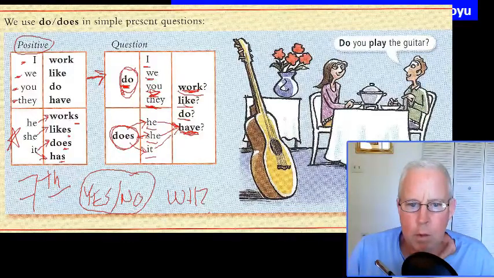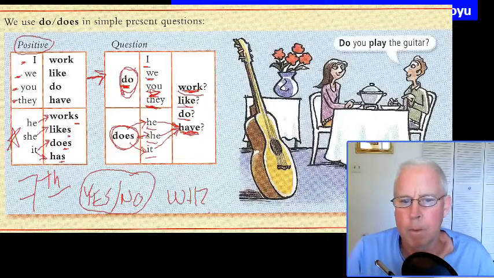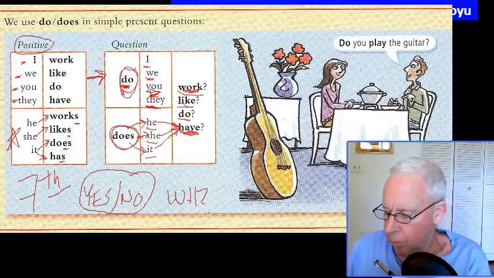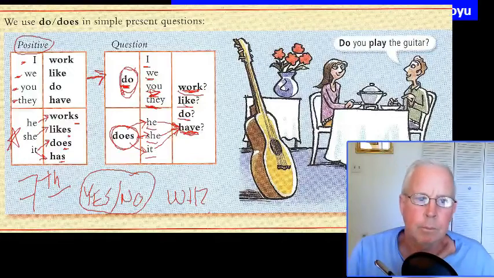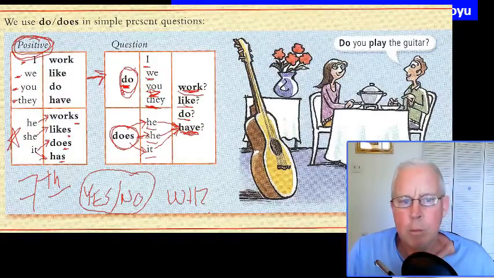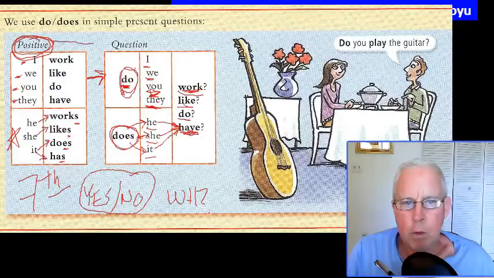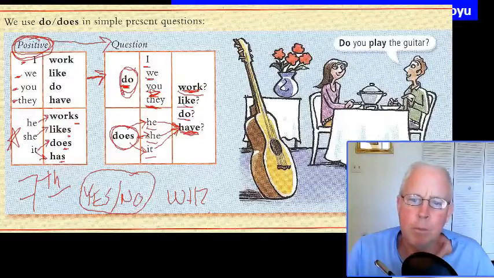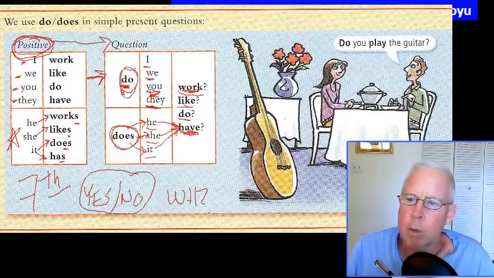Does it have? So that's all there is to it, really. Take the statement over here and you put the helping verb, either do or does, in front of it, and that gives you the yes-no question. So, for example, over here, he says, do you play the guitar?